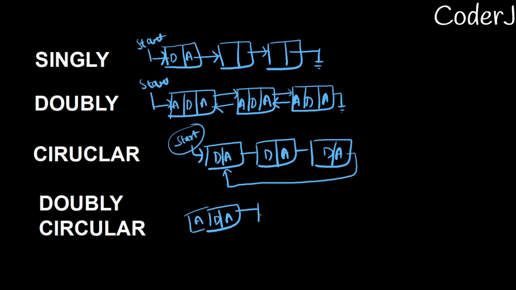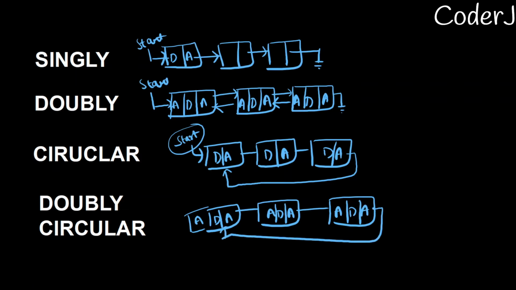And how do you indicate that it is a circular linked list? You basically don't have an end. You move it again to the starting point. So here you go. This is your doubly circular linked list, and as usual, you will have your starting pointer.